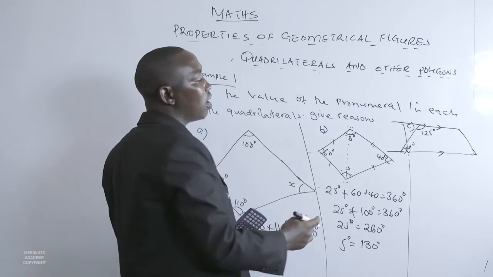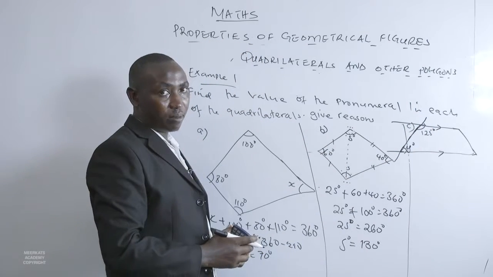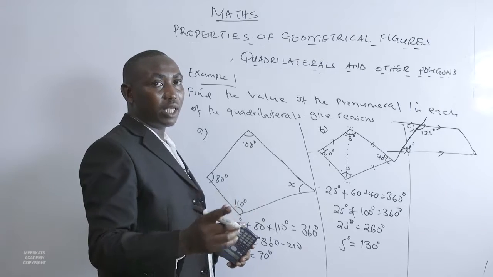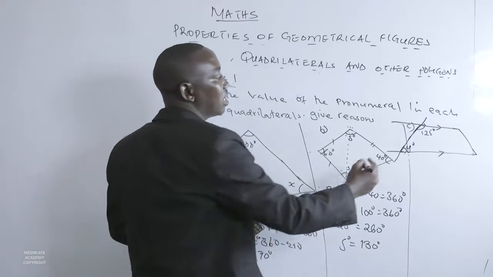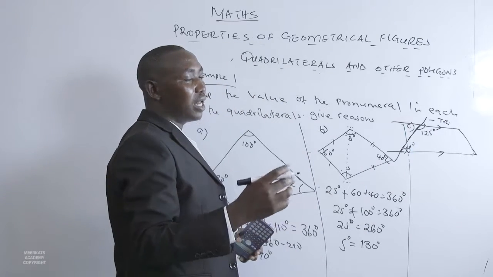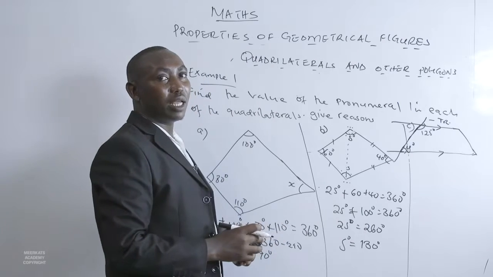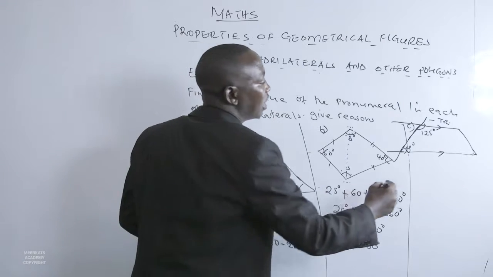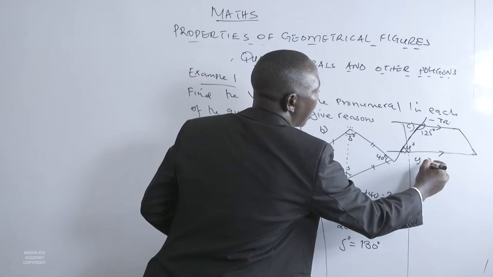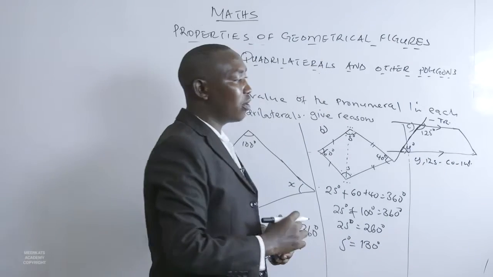What can you recall about that line? A line crossing two parallel lines is called a transversal, and it ends up creating what you call co-interior angles. So that means y and 125 are co-interior angles.